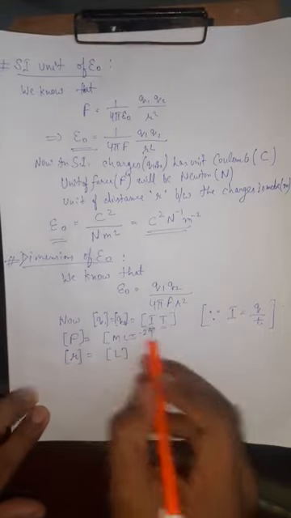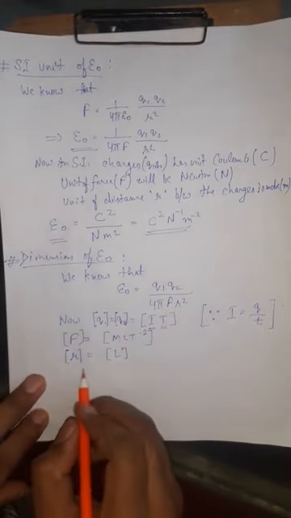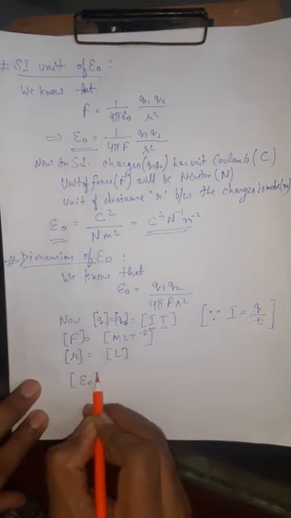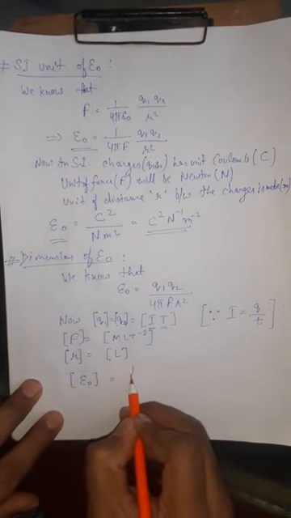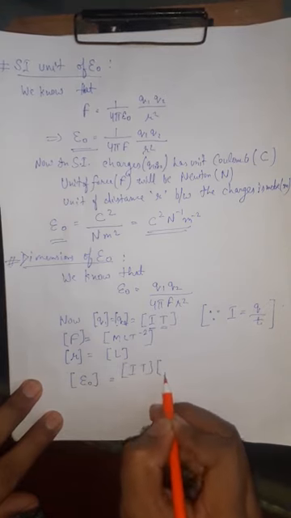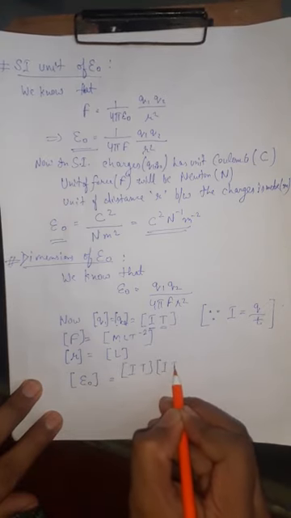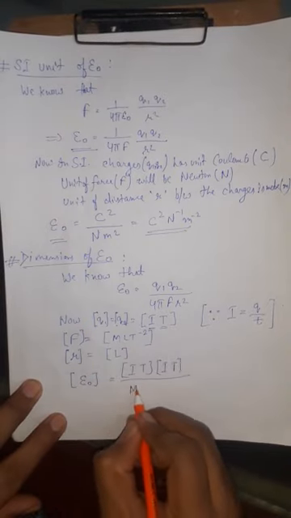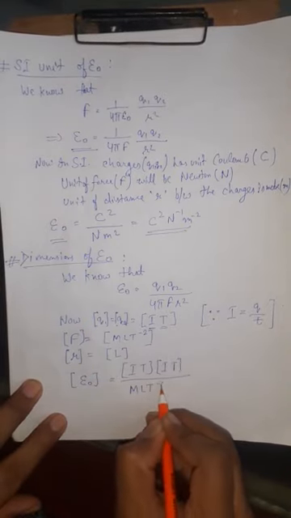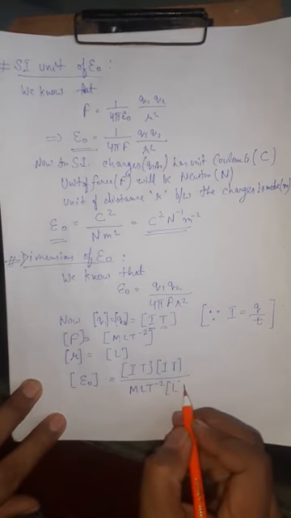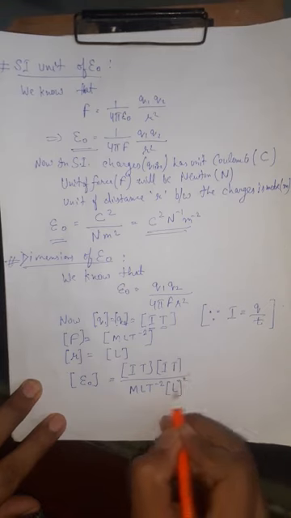So combining all these parameters in one equation, we will get dimension of epsilon naught to be I T into I T over M L T minus 2 into L square.